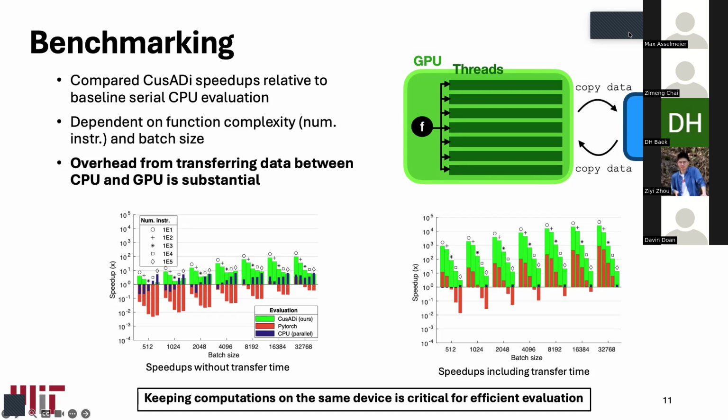Why is it that as we increase the number of instructions, as our function gets more complex, our speed up decreases? This is because of the nature of GPU programming. You can think of a GPU as having 200 elevators all going up very slowly, versus a CPU, which is like two elevators that are extremely quick. The slowdown with more instructions happens because the ALUs, the arithmetic logic units, of that processor are much slower on the GPU.